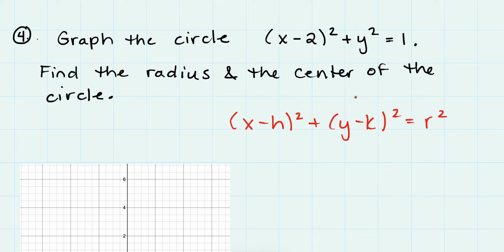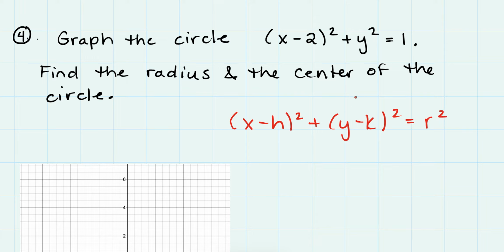So in other words, this becomes x^2 - 4x + 4 + y^2 - 6y + 9 = 1^2, which is 1. So all I did was I substituted, instead of this, I put this. And then here, instead of this, I put this here. And now let's add the numbers together.